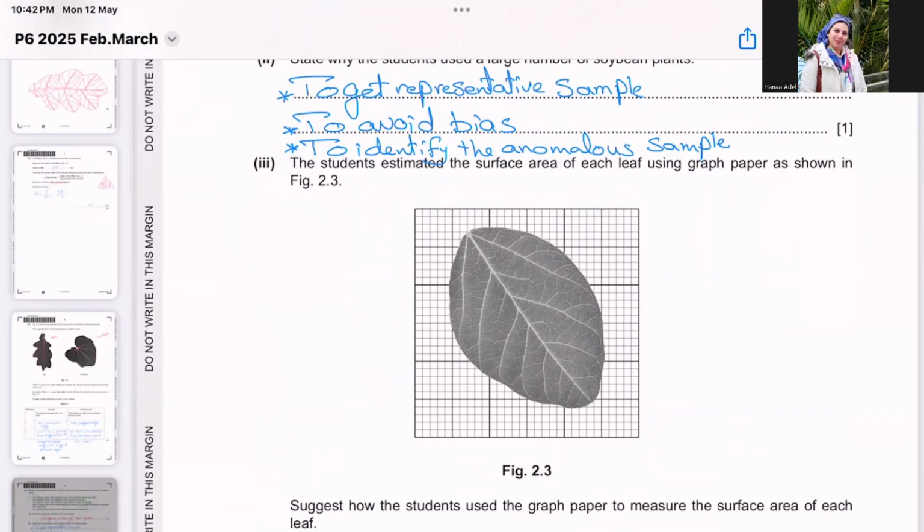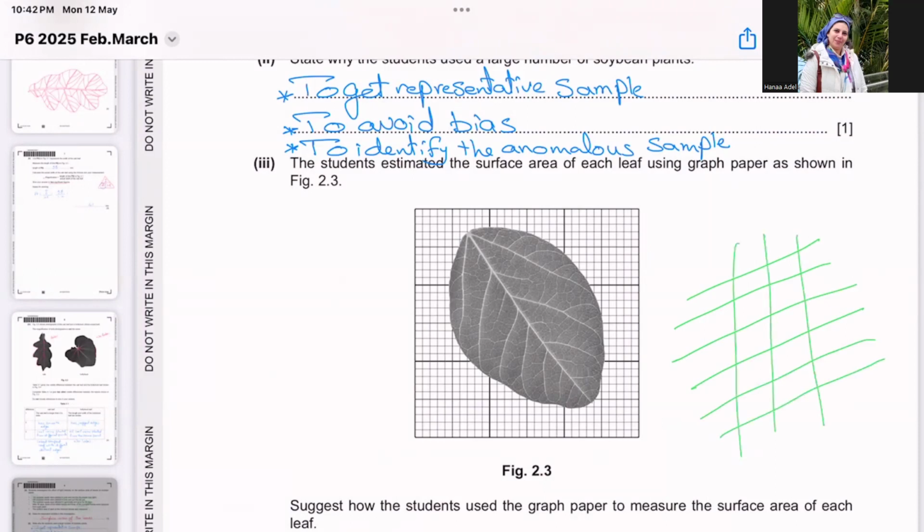How can we measure the surface area? We just bring the leaf and put it on the graph paper. And then we have to draw the outline around the leaf using your pencil. Then start to count the number of squares on the graph paper that are covered by the leaf. Okay, so if you try to make it again here, to make it like transparent, I just need to try to make it well.